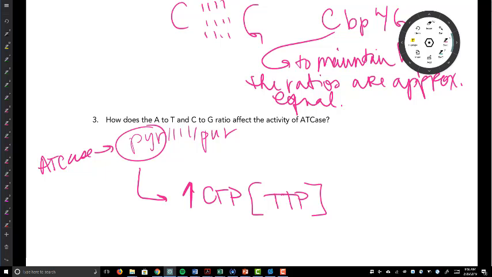So if we have excess CTP, that means we have too much CTP and TTP, or too many pyrimidines relative to the purines.